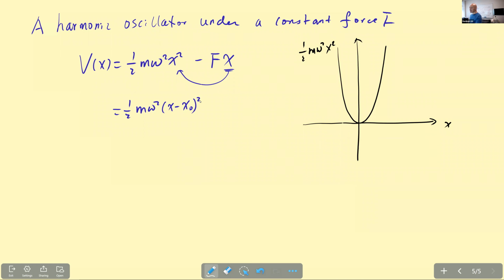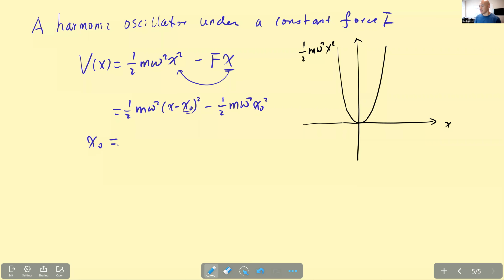What is this x minus x0? This x0 actually is a new balance point. But to make this a perfect square, you need one more term, so minus 1/2 m omega squared x0 squared. And this x0 should be the balance point.